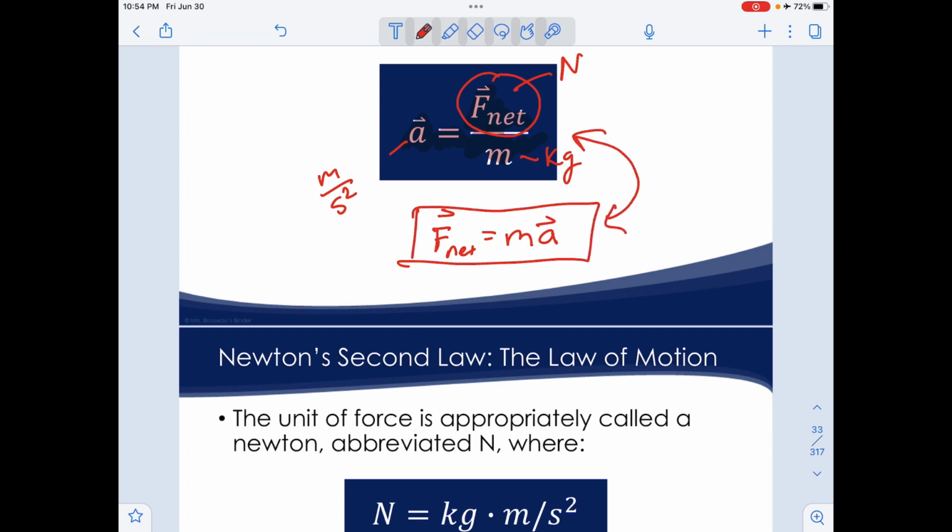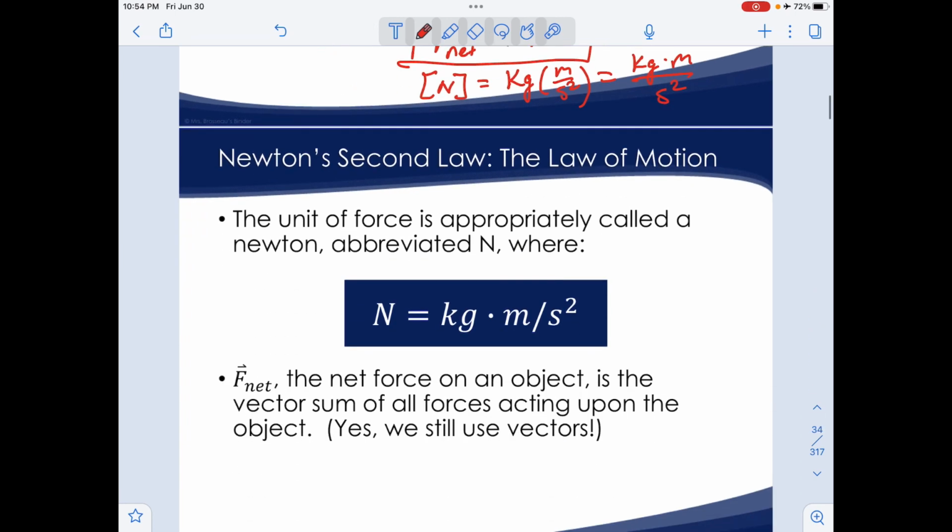Here the unit for force is newtons, for mass is kilograms, and for acceleration is meters per second squared. So we can say that a newton is equivalent to a kilogram times meter divided by second squared. A newton is equal to kilograms times meters over second squared.